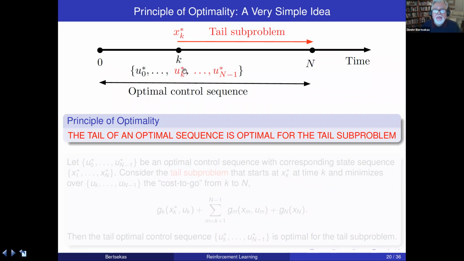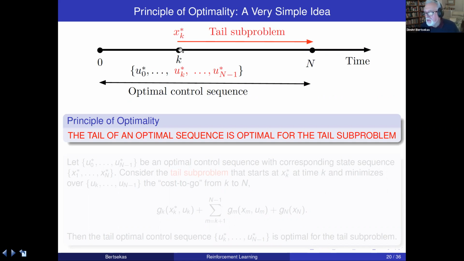So suppose now that I look at one of these intermediate optimal states, and I look at the tail subproblem running from k to n. So this is the original problem from 0 to n. The tail subproblem is the intermediate problem starting from an optimal state. I look at this problem, forget what happened in the past, forget how we got to x_k, and try to solve this tail subproblem.